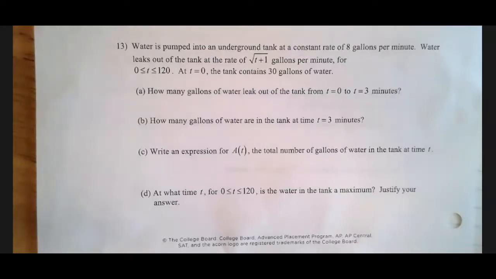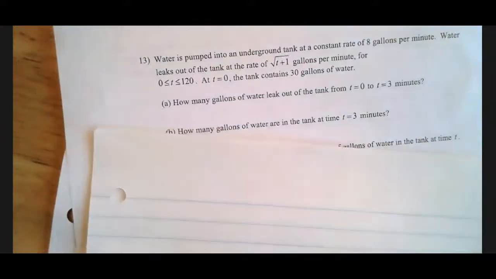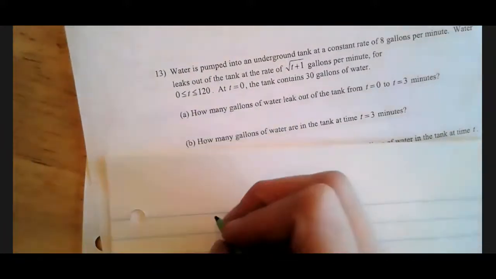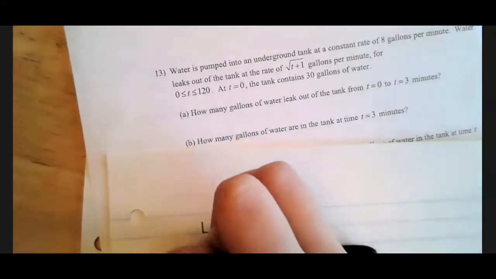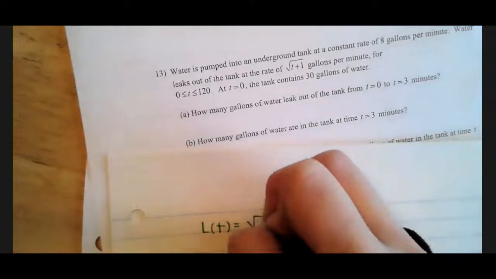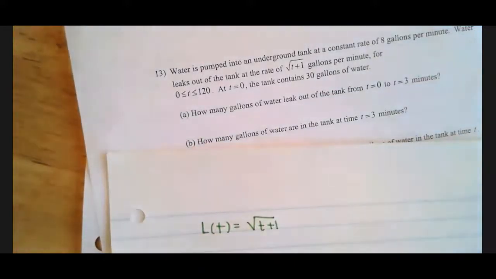So part A says, how many gallons of water leak out from 0 to 3? So let's say that we will call the leaky function L, and we're going to call that function square root of t plus 1. So we want to know how many gallons of water have left the tank in the first 3 minutes.